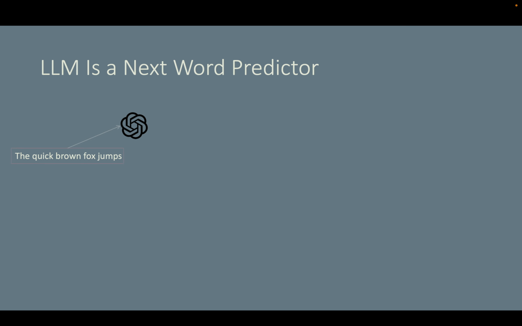In this case, it predicts over. Then it incorporates that output word, over, as part of the input of the next prediction. And this time, it predicts the. This pattern keeps repeating until a stopping condition is reached, indicating that it finished generating all the text you need.